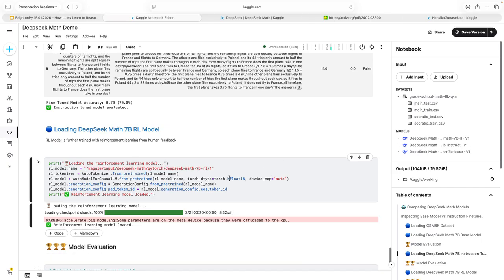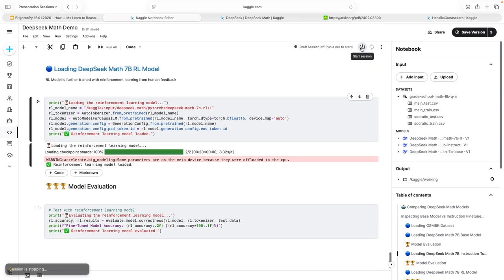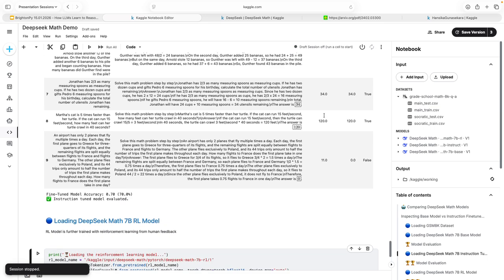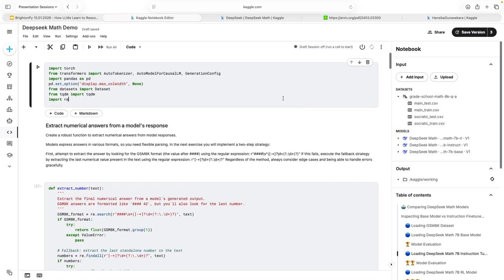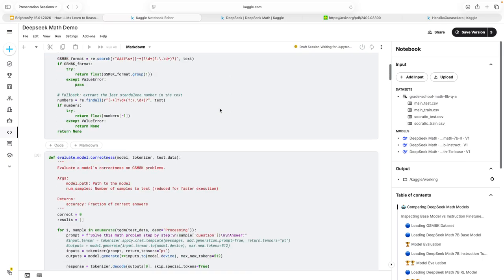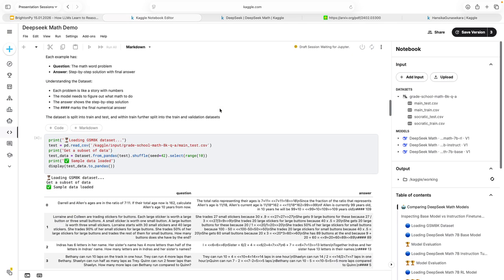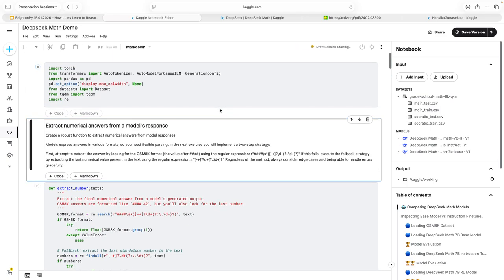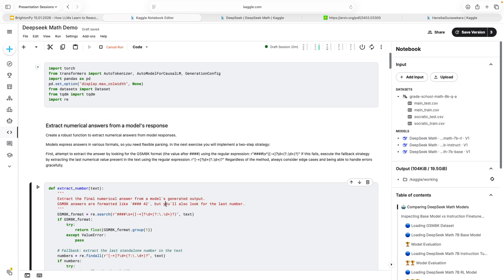Without running the code with this warning, I suggest you stop the session, so we can't load all the three models into the system.